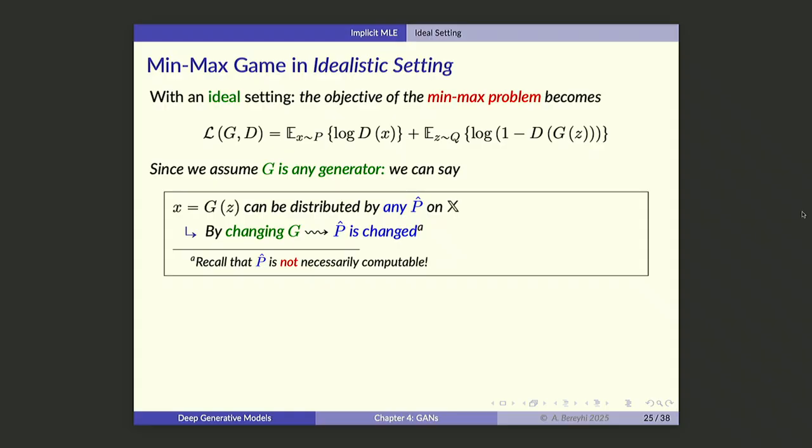Everybody's cool? So this means that when I think about every possible g, eventually I am thinking about all possible output distributions, right? So if I change this function g, if I change the generator, the distribution of the output is going to change. Now, one thing here, just a side note, you don't need to confuse yourself if you don't get it.